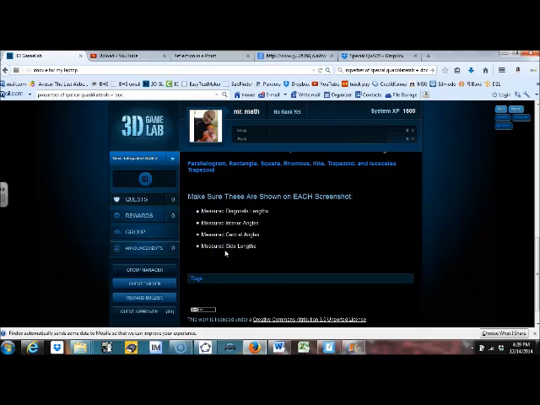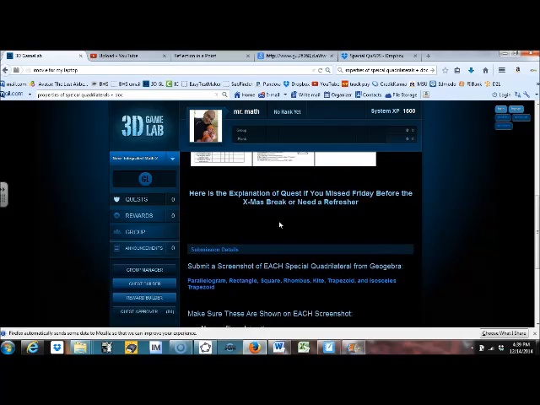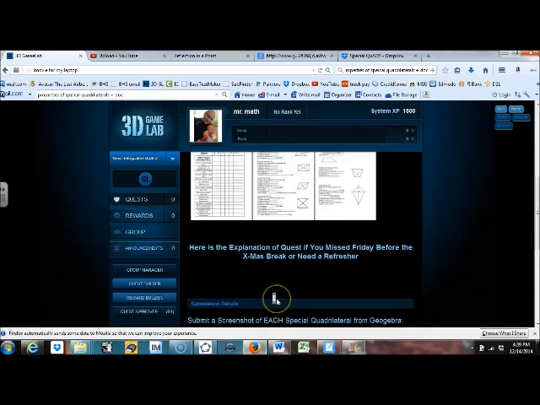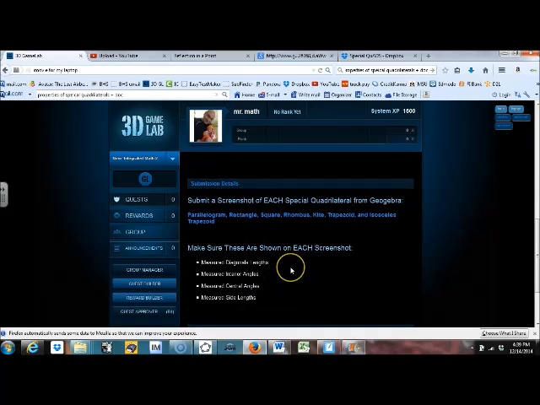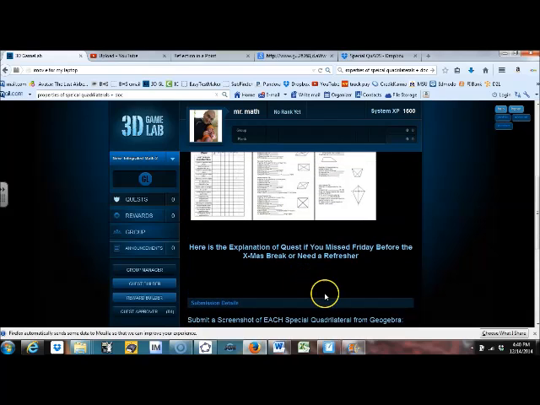So when you have them all measured, take a picture of it, and then maybe through a Word document, give me a picture of each of these special quads after you have investigated the properties. Okay? So fill out the sheets here and then submit the screenshots through 3D Game Lab. Alright? So this is going to be how you use the app here.